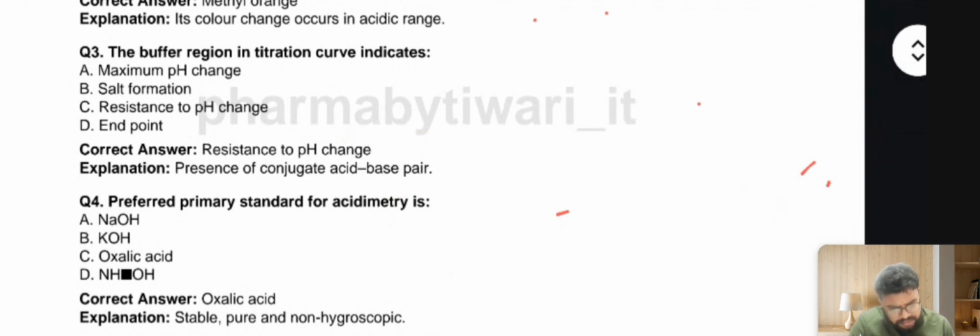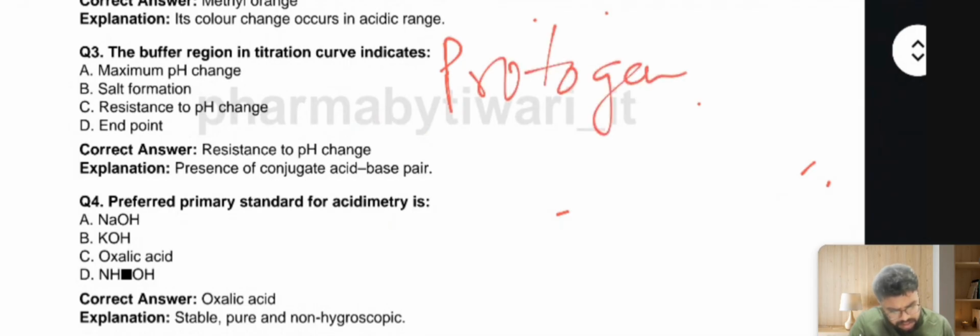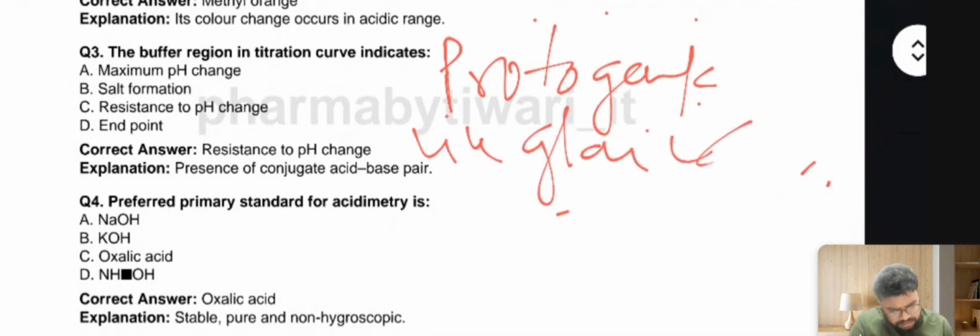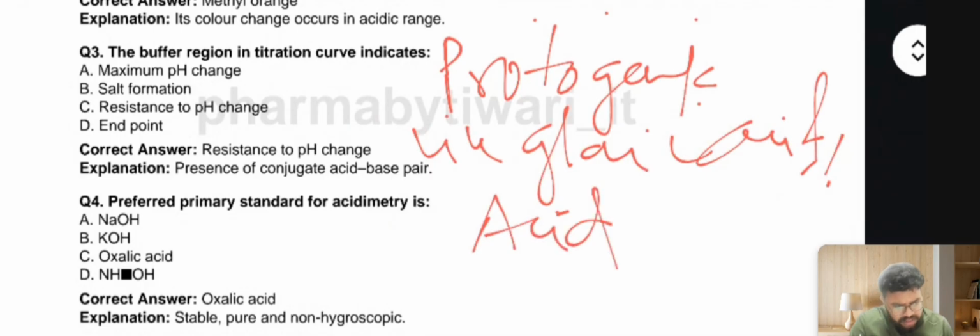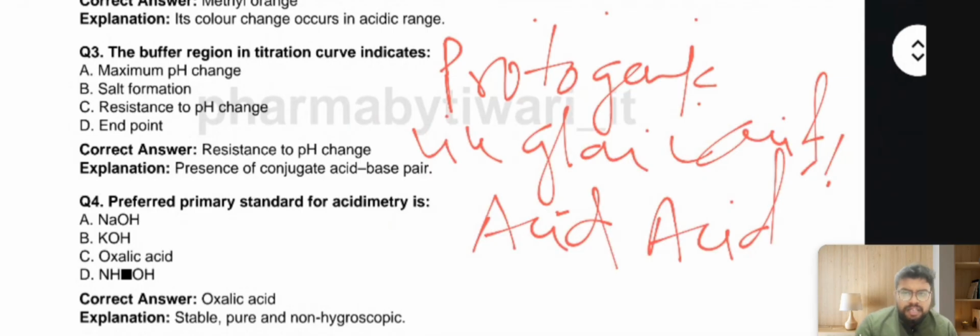Which type of solvent do we use? Only protogenic solvents like glacial acetic acid. Mainly we use acid type solvents in acidimetry titration.